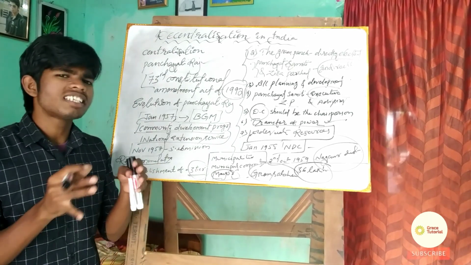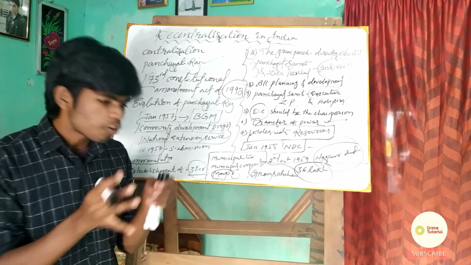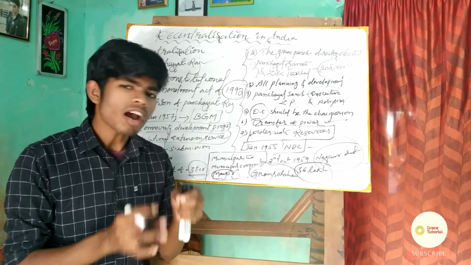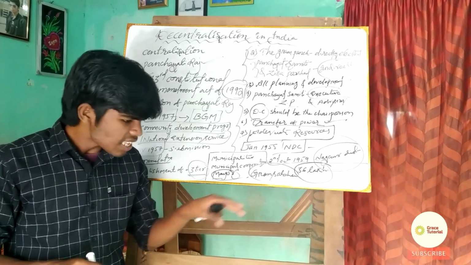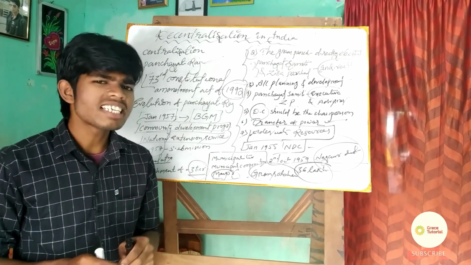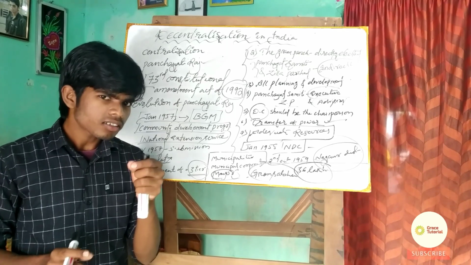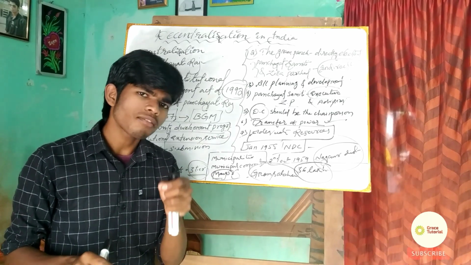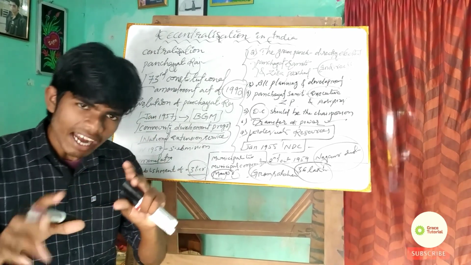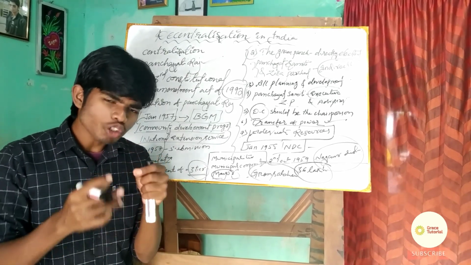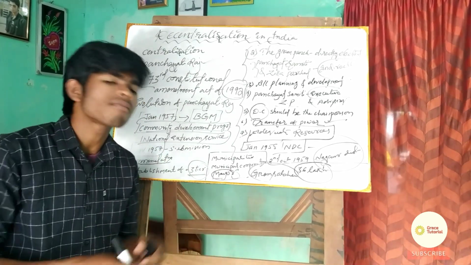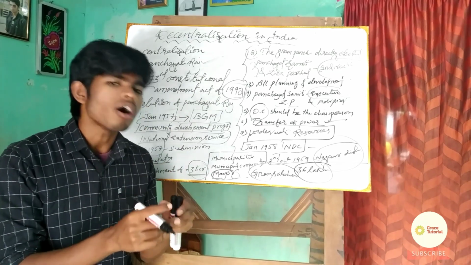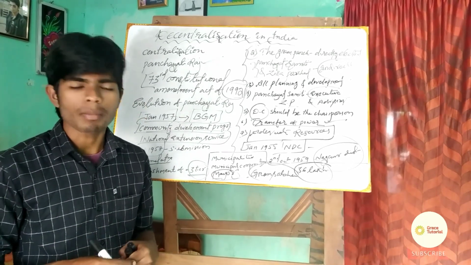The major steps taken towards decentralization in 1992 are: regular elections for these local government bodies; seats reserved for SCs and STs in these executive bodies, and one-third of the seats reserved for women; an independent body called the election commission established for the conduct of fair elections in that region; adequate resources transferred from the state government to the rural local self-government and urban local self-government; and similarly, a genuine transfer of power from the state government to the rural local self-government.